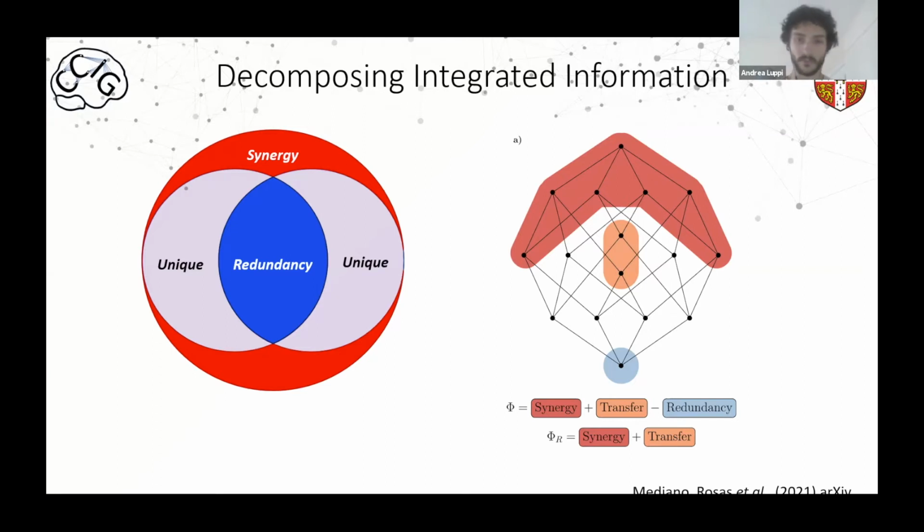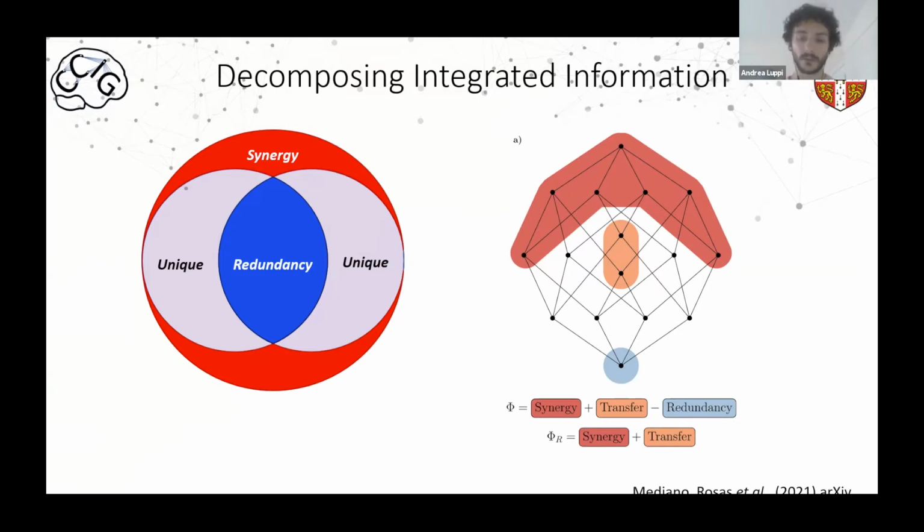I should preface this by saying that this is the IIT 2.0 version of integrated information. Other versions have since been developed that more closely follow the intuitions of the developers of IIT, but unfortunately for our purposes, they also depart from the realm of Shannon information theory, which is where integrated information decomposition is applicable.